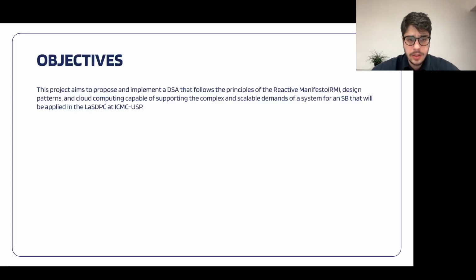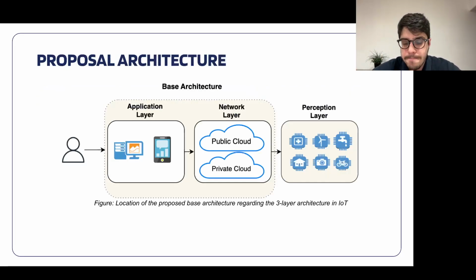And to do that, we are going to work with synthetic data to validate our architecture, and also we're going to actually implement the architecture at the lab at ECMC USP. But the idea here is to have an overall architecture that aims at different environments, not only the lab, also hospitals, also college campuses, and these different environments that can benefit from this architecture.